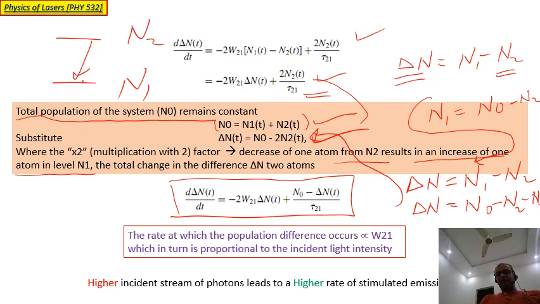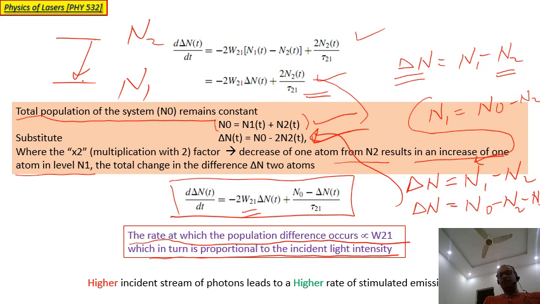So the rate at which the population difference occurs is directly proportional to W21, the probability of stimulated emission, which in turn is proportional to the incident light intensity.